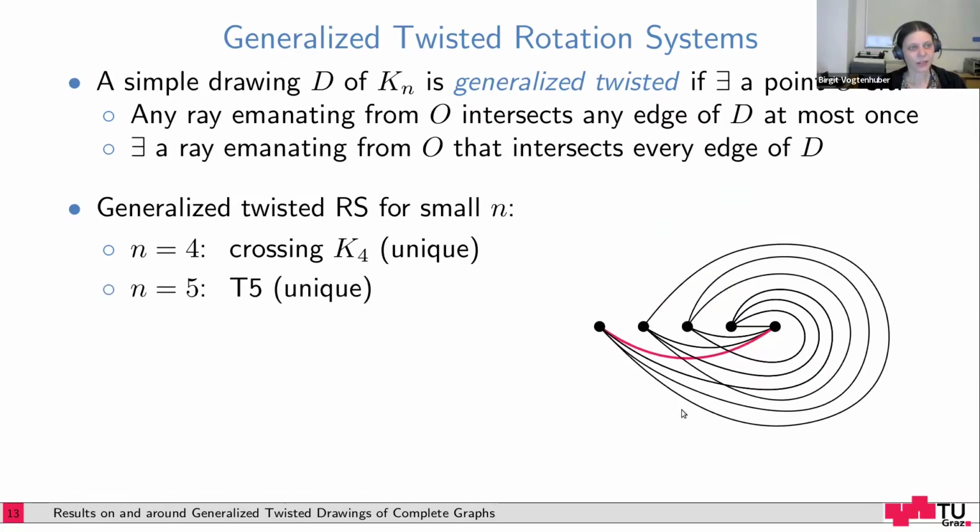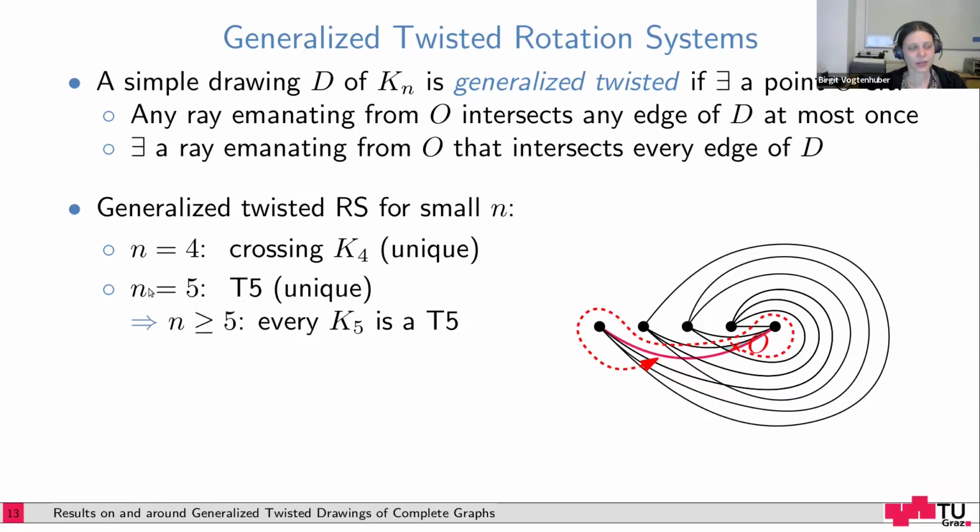For n equal 5, there is also exactly 1 generalized twisted drawing, and that's the twisted K5, the T5. Also, this one admits more than one curve. So here is one, here is another one, and this time the cells where these curves start and end are not looking the same as in the K4.